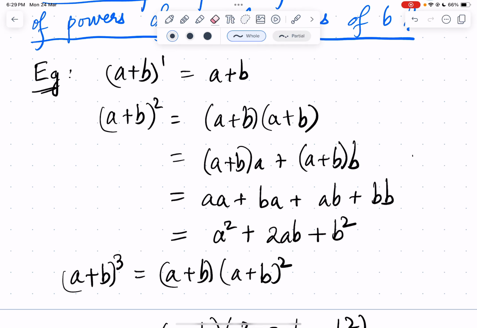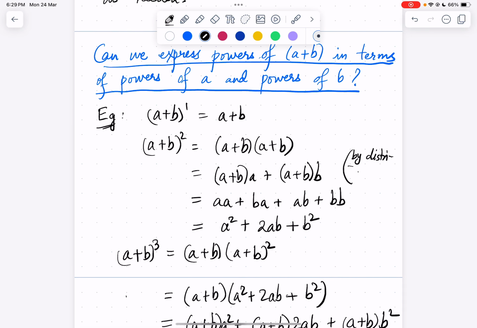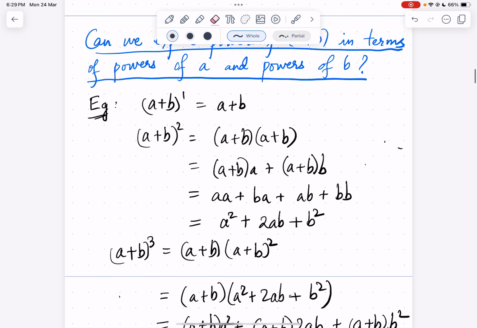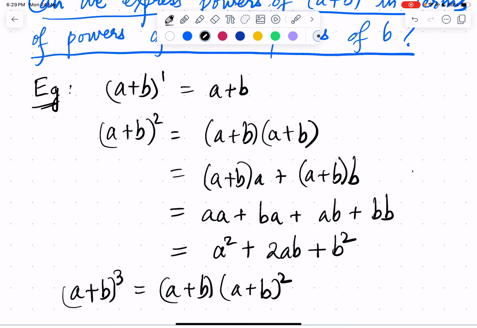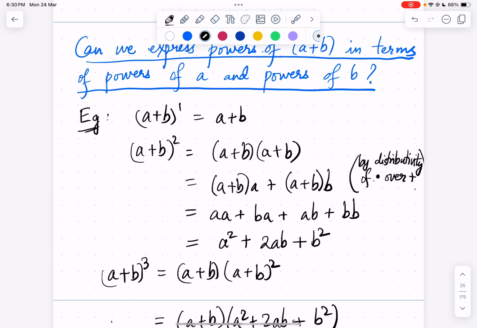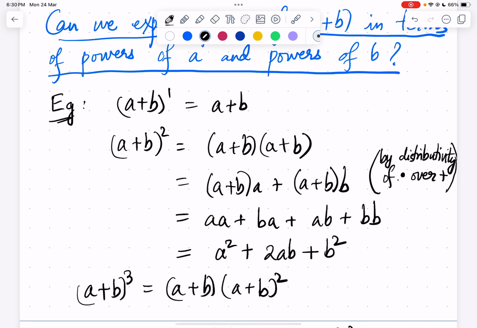So by distributivity of multiplication over addition, we could do a plus b times a plus b as a plus b times a plus a plus b times b.